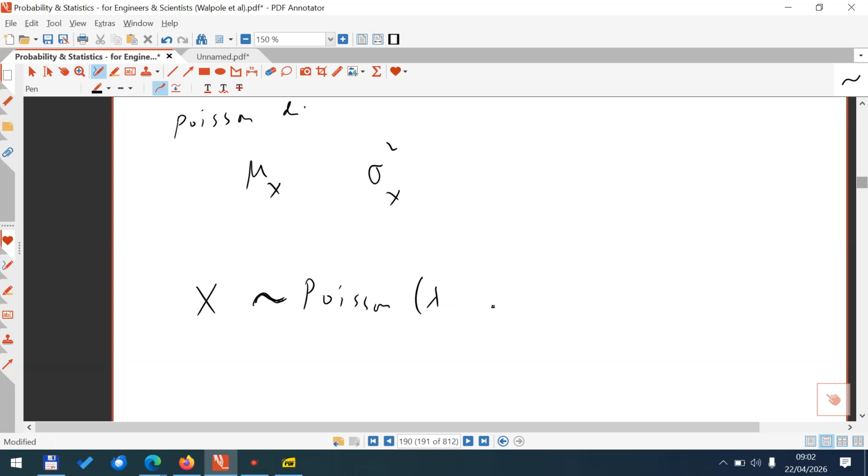The Poisson distribution needs lambda and t, right? So both the mean and the variance will be equal to lambda times t. That's what you need to remember.